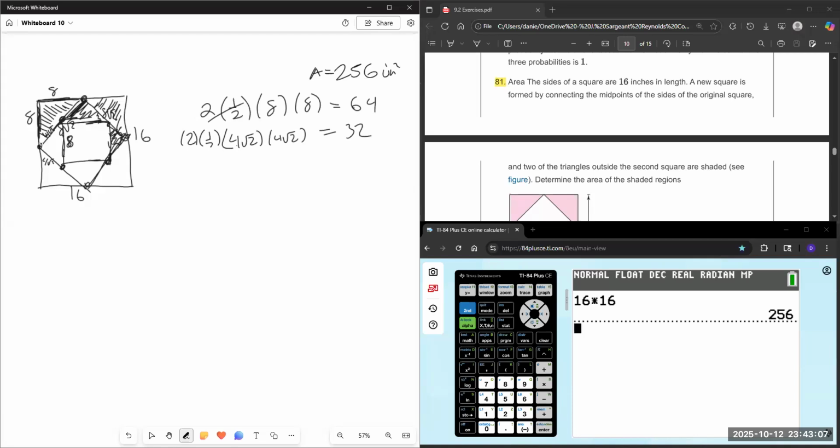And I'll take one more step so you can see that each time I'm cutting this in half. So this would be 4 and 4 here.